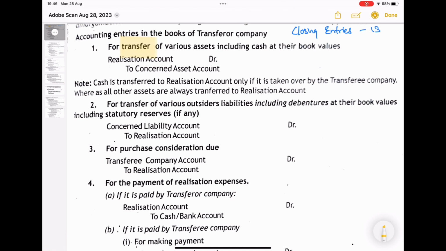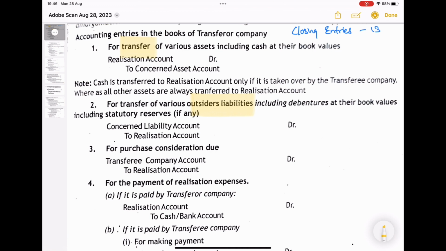All the fixed and current assets we are having, we are going to pass all the asset entries here and we are going to add all the credit side amounts and write the total in the realization account. Got it?